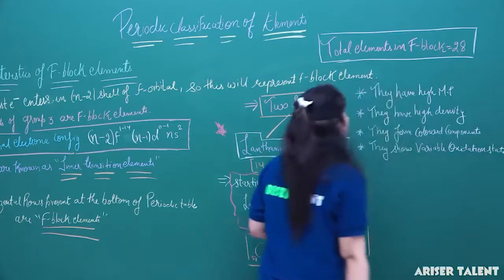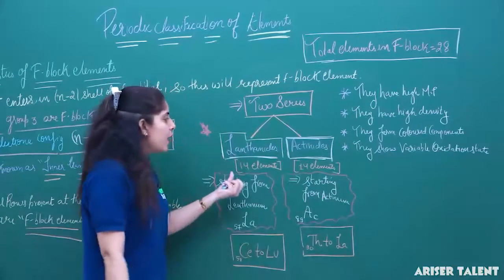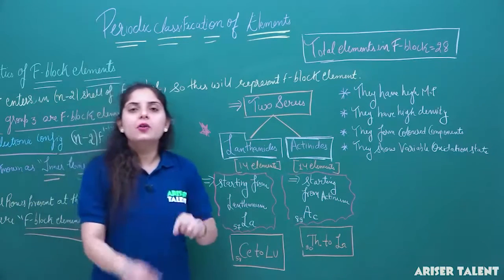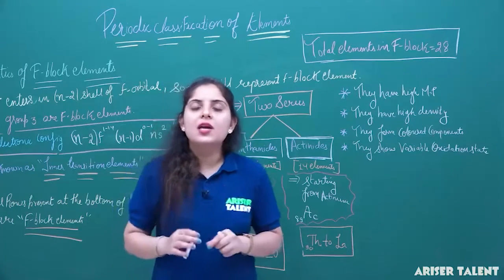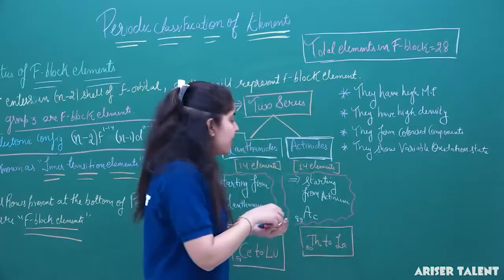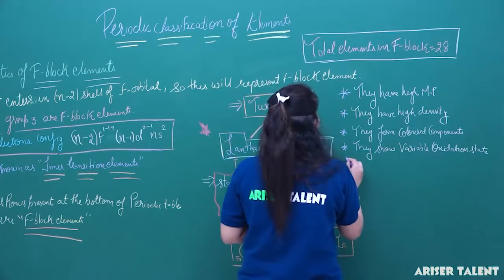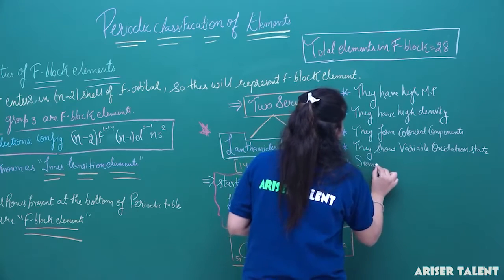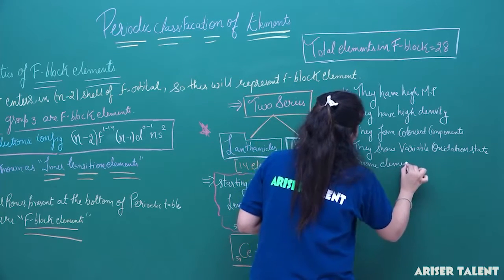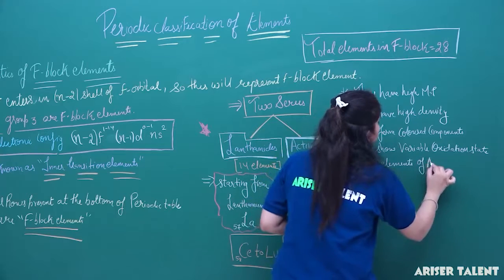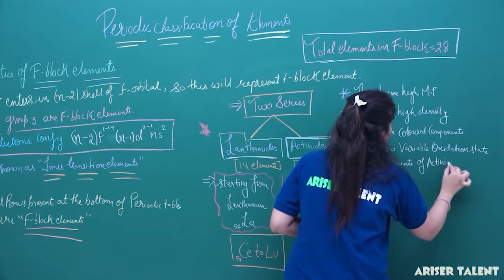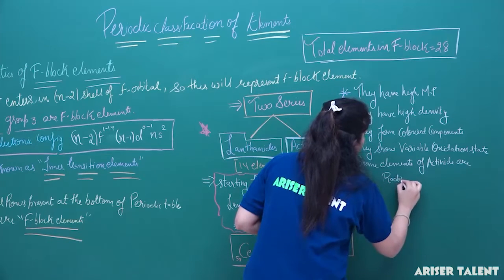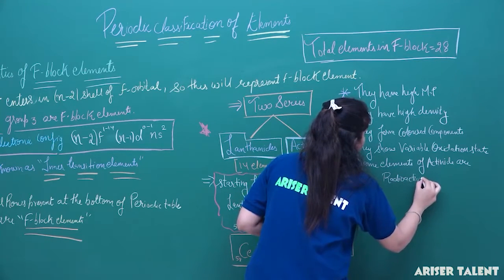And the last characteristic about the F block elements is this. You see that there is an actinoid series. So some of the actinoid elements are used as radioactive elements. So we can say that some elements of the actinoid series are radioactive in nature.